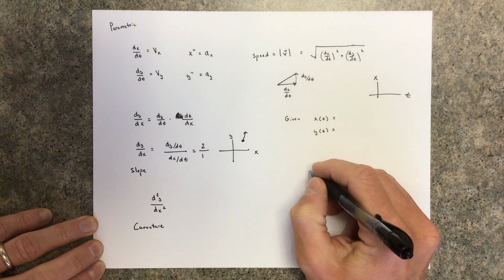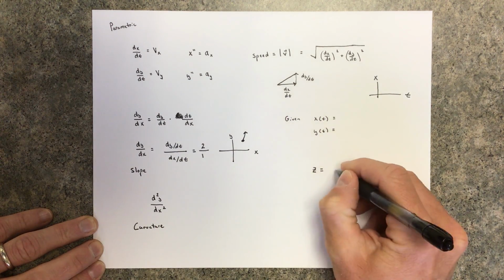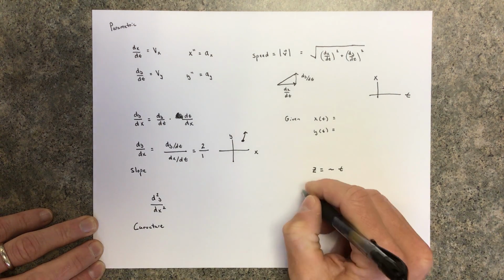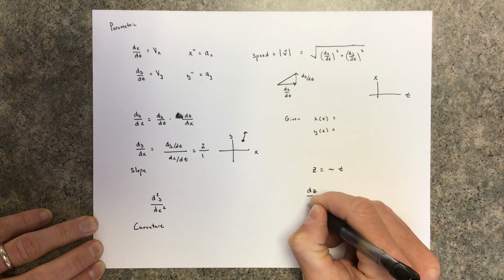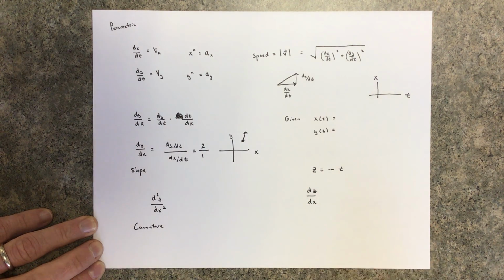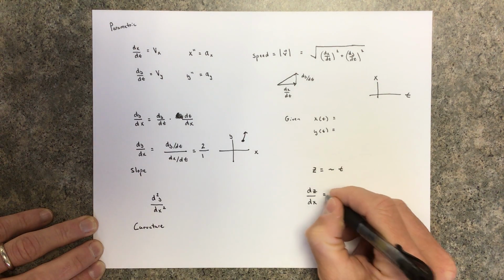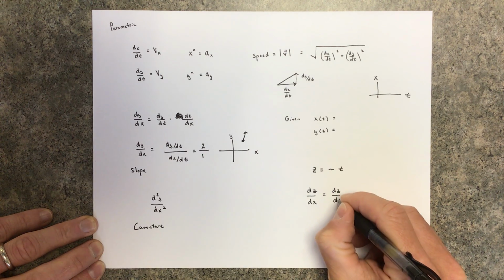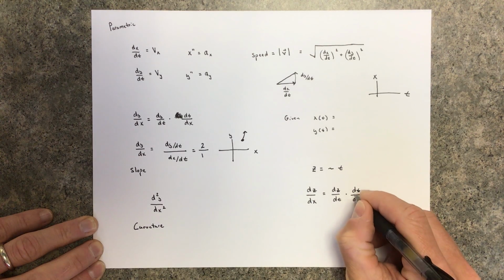Well, let's just pretend I had z, and it was some function of time. How would I find dz/dx? Like, oh man, z is not a function of x. Z is a function of time. I know how to find dz/dt, but it must be that t can be something with x.